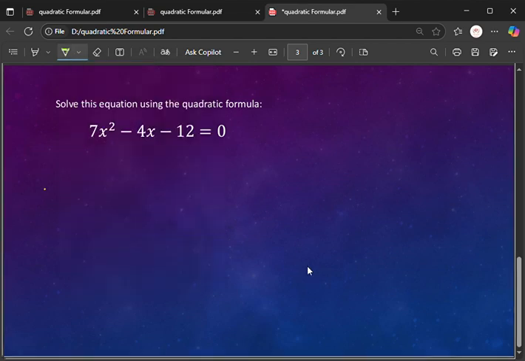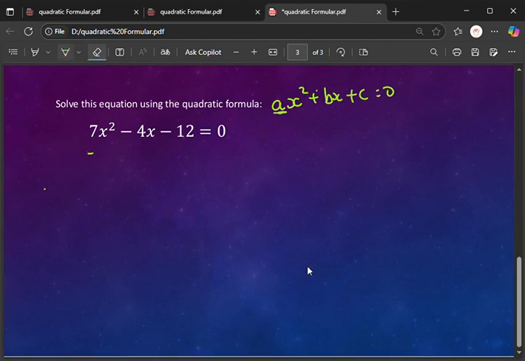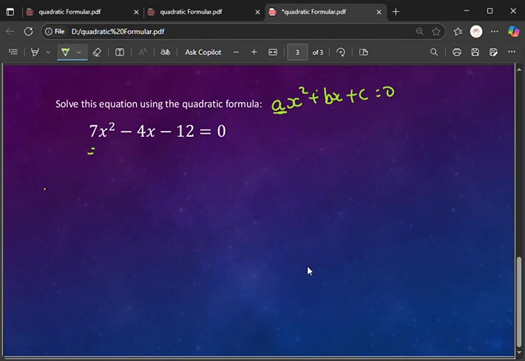Okay, so you can see that this is exactly in the form ax squared plus bx plus c equals 0. So this is a quadratic. So a in this case is 7 because it is the coefficient. Actually, it is better if we write it here to make much more sense. Ax squared minus bx minus c equals 0.